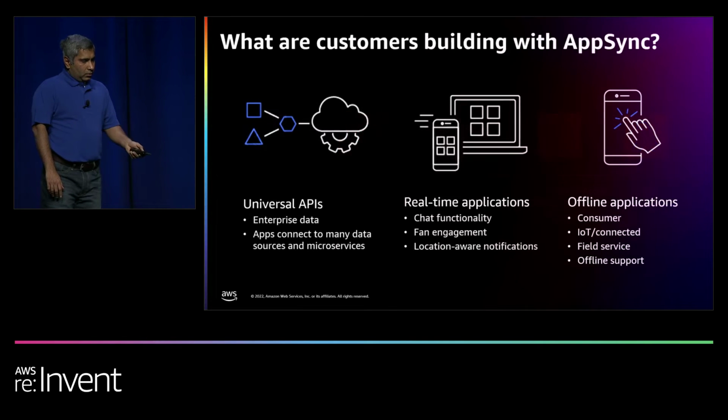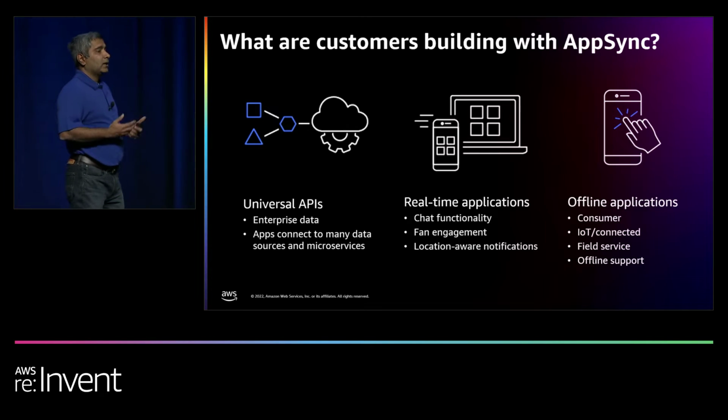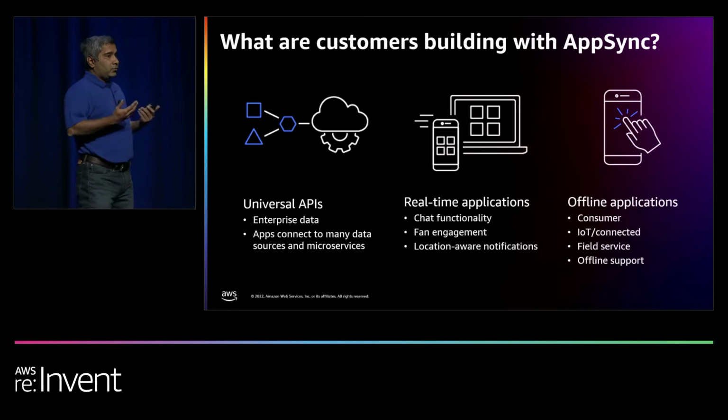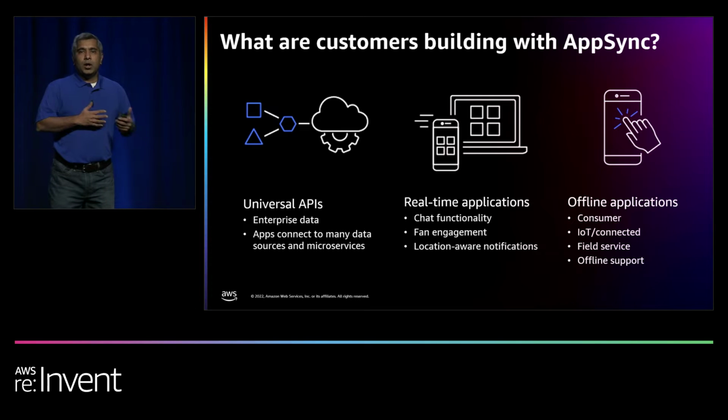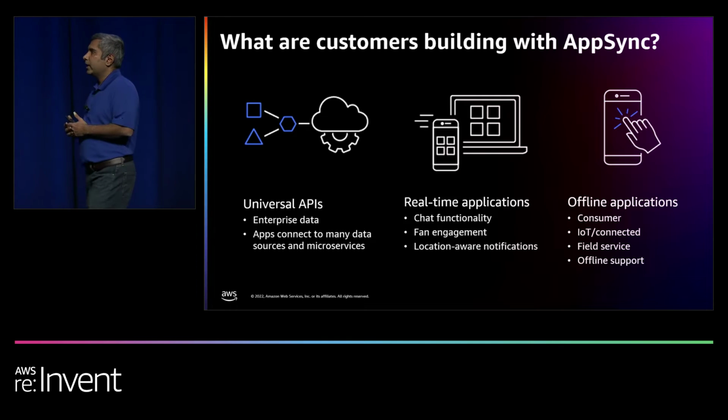All right. What are customers building with AppSync? There are three main use cases that we have seen customers build with AppSync. The first one is universal APIs, meaning consolidation of enterprise data. So basically go against all these data sources, consolidate a single view, and then provide it to their end users.